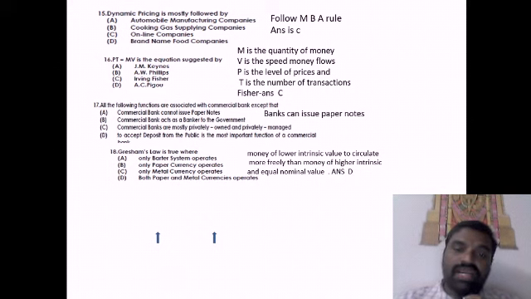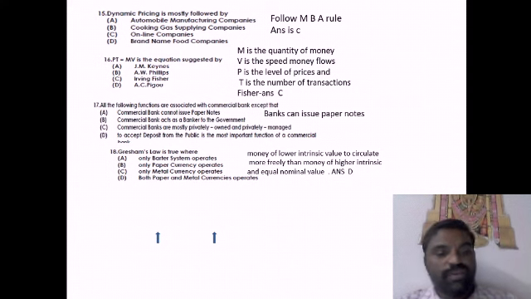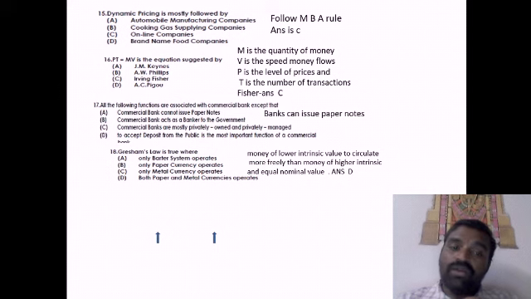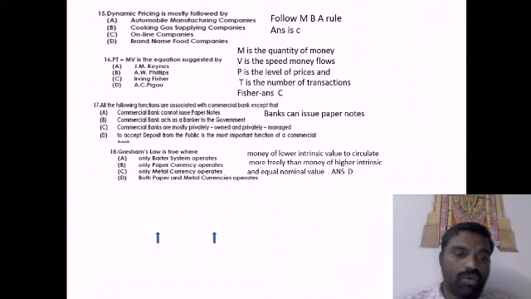Again I am telling, Gresham's law is nothing but money of lower intrinsic value circulating more freely than money of higher intrinsic value. So answer is D. It is applicable for both paper money as well as metal currencies. Here he said only money. He didn't say whether it is paper money or metallic money. It is applicable for both. It is not applicable for the barter system.